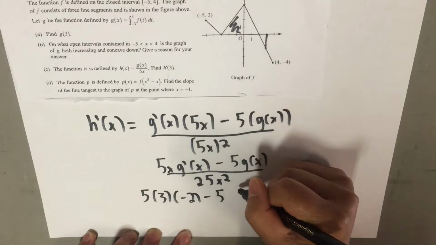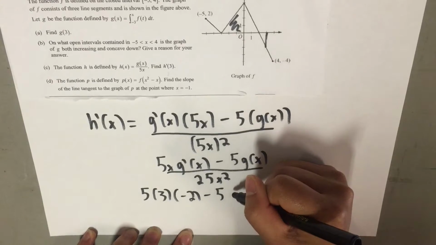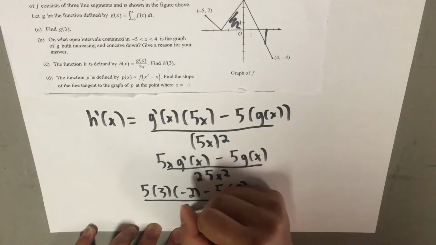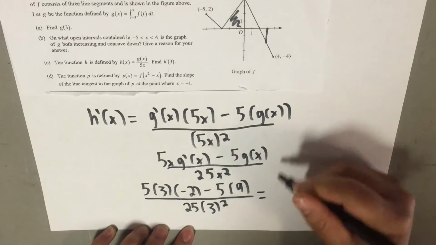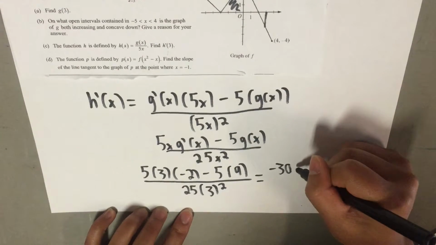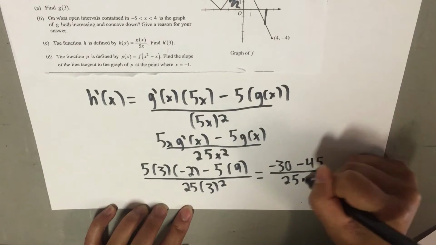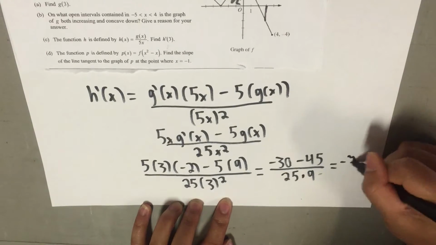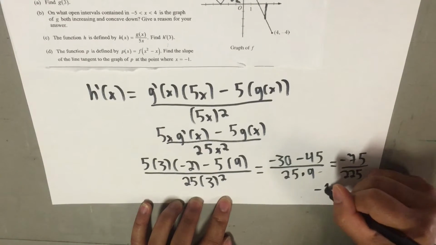Minus 5, and g of 3 is just 9, because we figured that out in letter A. And then that's over 25 times 3 squared. 5 times 3 is 15, times -2 is -30, minus 5 times 9, which is 45, and 25 times 9. So this all simplifies to -75 over 225, and that can be simplified into -1/3.